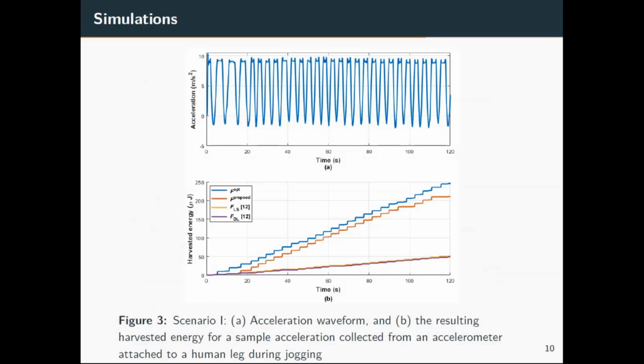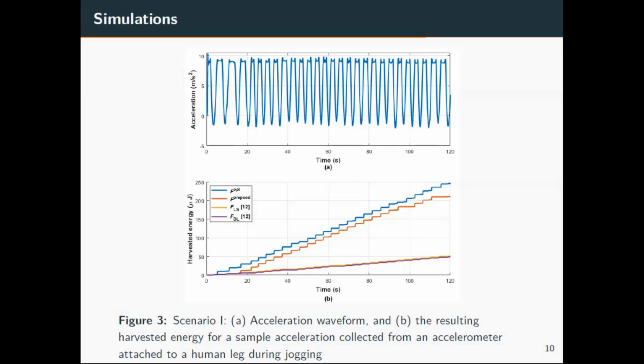What you see here is the acceleration waveform for jogging when the accelerometer is next to the leg. The blue chart here is the maximum achievable energy, which is in fact obtained by offline analysis, exhaustive search.